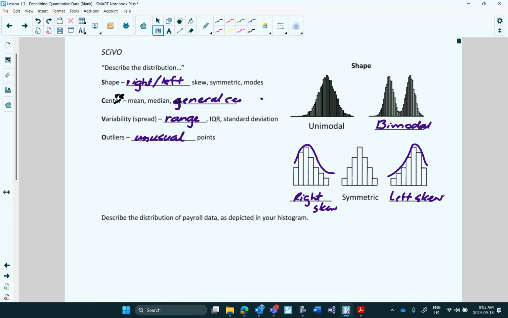Okay, so let's say that we were asked to describe the distribution of the histogram. So we're just going to look at the histogram and we're going to answer all 4 questions. You can just call it multi-peak, multiple peaks.